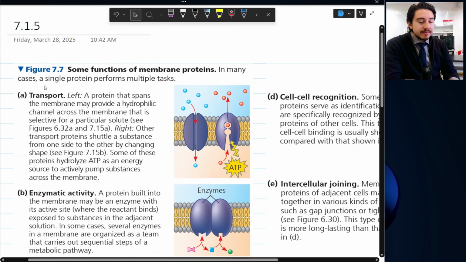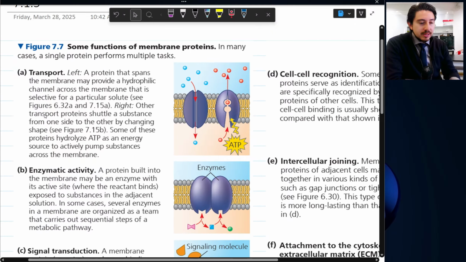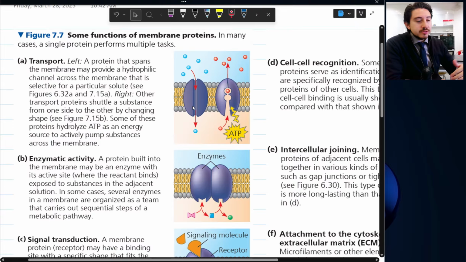You can see here, these are transmembrane proteins that span through the membrane, and they can be channels, as you see here, right, where a molecule can essentially diffuse, or some solute can, I don't want to say dissolve, diffuse through the extracellular side to the intracellular and vice versa.